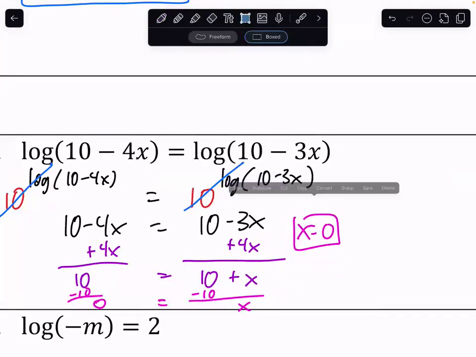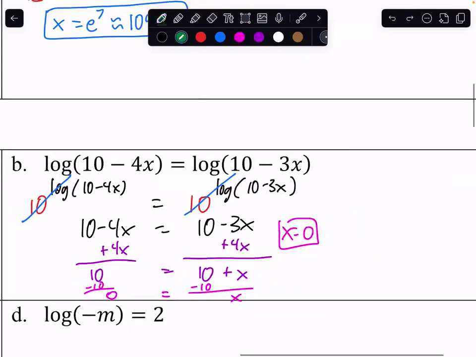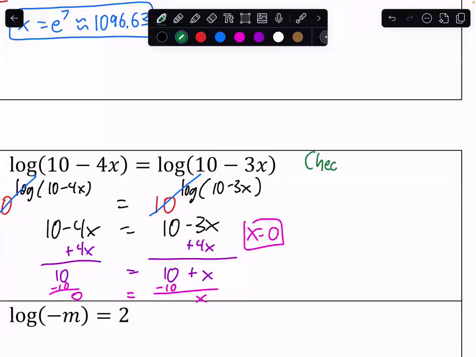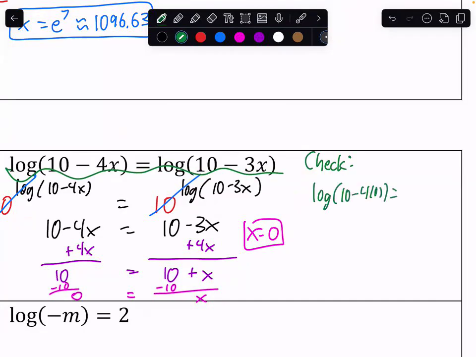Now with all equations, when you're solving for a value of x, you can always check your work yourself by substituting it back in. If you go back to the original problem, I'm going to plug in what I think is the answer for all x's. The left side becomes 10 minus 4 times 0.